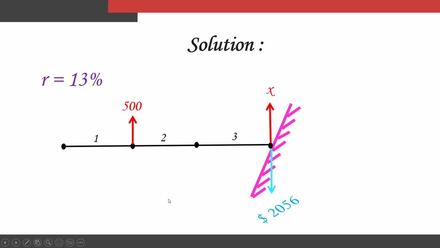The debtor pays $500 after 1 month, and the receipt after 3 months. By looking at the timeline, all of the obligations lie before the focal date: the $500 before the focal date and the X at the same time as the focal date.